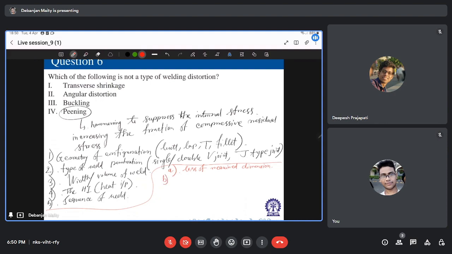Then there can be misalignment of structural elements to properly support or transfer the applied loads. And you can have some inability to fit one weld into the assembly of others, so inability of fitting.